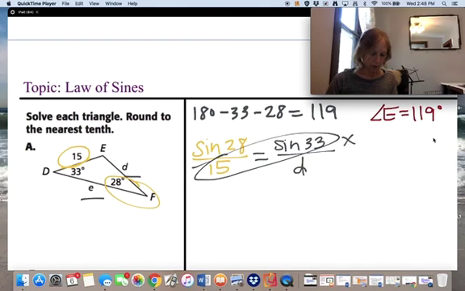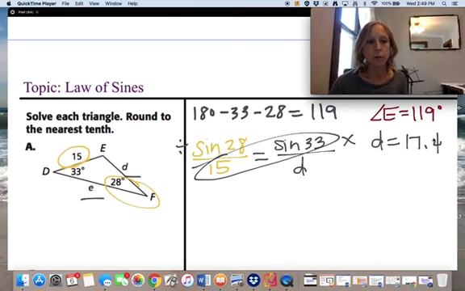We'll multiply these two, hit enter, and then divide by the sine of 28. After you do those two things, you should get that length of D to be 17.4. Notice there are no unit measurements, so we don't have to worry about that. And then we'll check if our answer makes sense when we're all done with our other side.